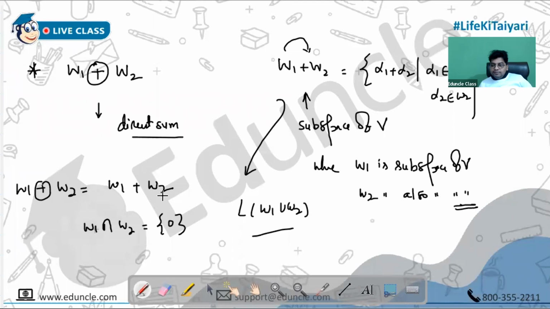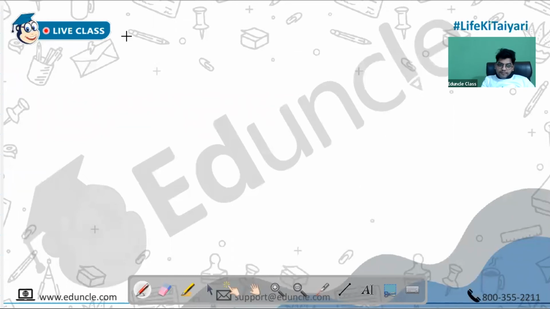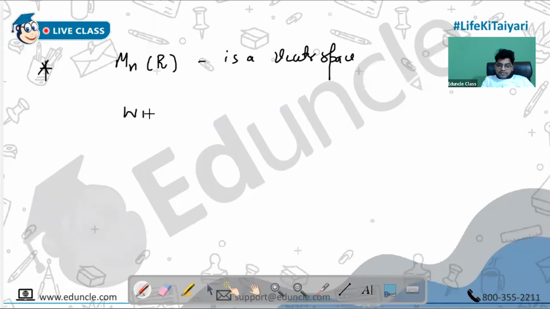Can you give me an example of W1, W2 such that these are distinct subspaces? Yes, we have the set of all matrices, right? The set of all matrices M_n(R) is a vector space. W1 is the set of all symmetric matrices.